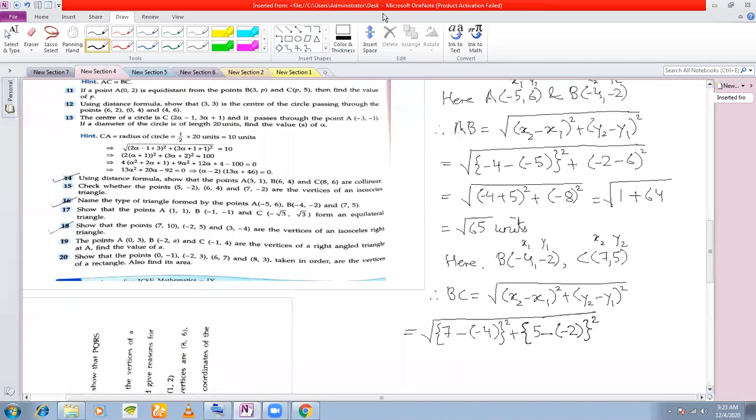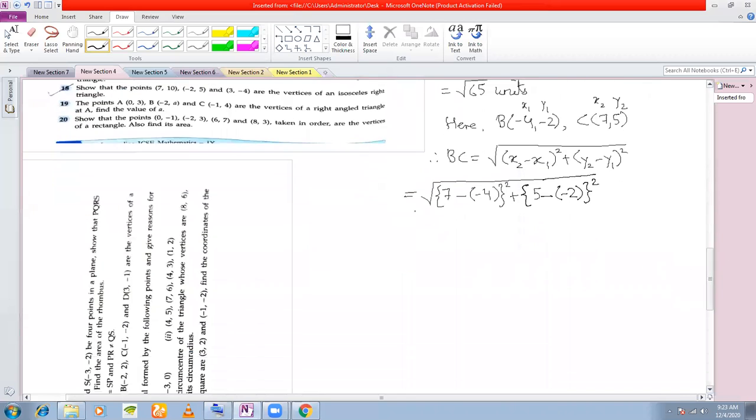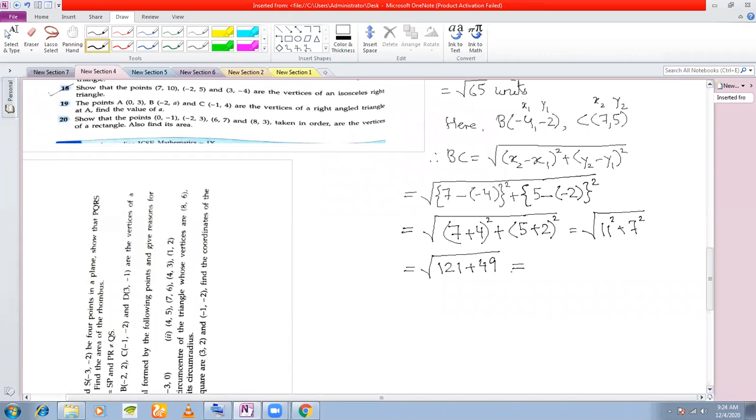Okay, this is root over of 7 plus 4 square, plus 5 plus 2 square. So this is root over of 11 square plus 7 square. So it is root over of 121 plus 49. And 121 plus 49 is how much? 170.